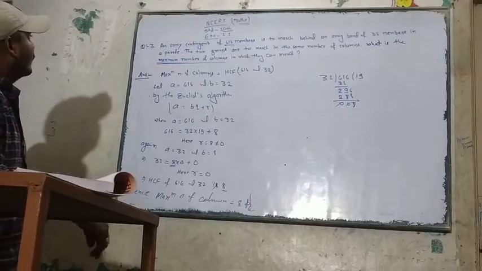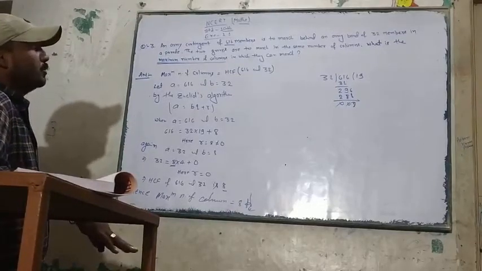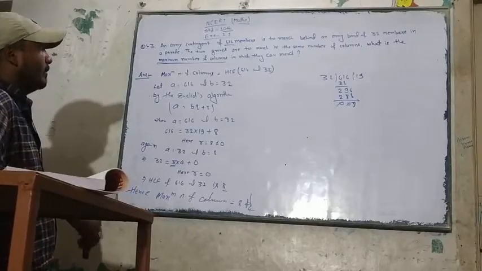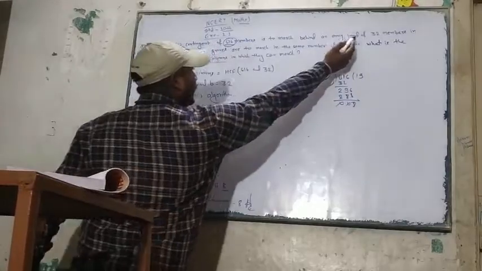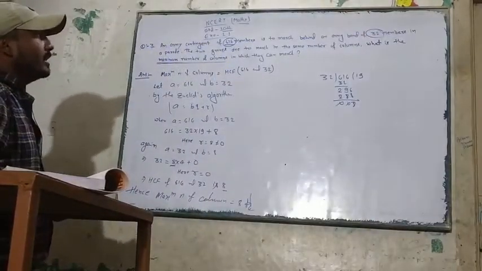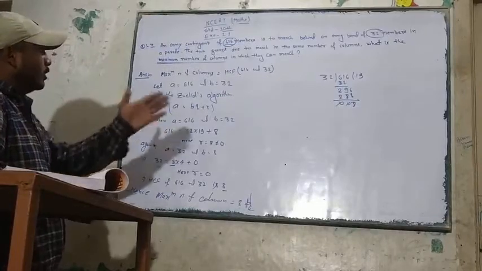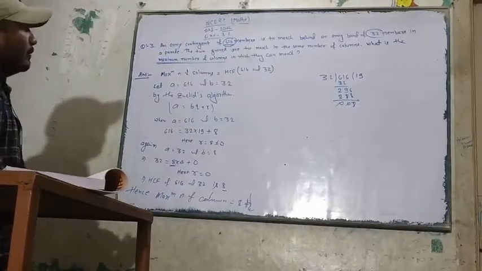Again, an army contingent of 616 members is to march behind an army band of 32 members. The total number is 616 and the band has 32 members. Now the two groups are to march in the same number of columns. What is the maximum number of columns in which they can march?